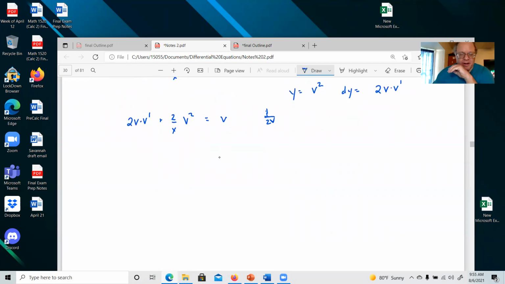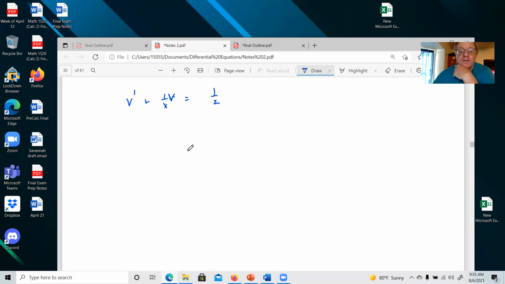So let's see what we have here. We have v tick plus, well, the 2's cancel, so we just have 1 over x now. The v cancels with the v squared, so we just have a v here, and it is equal to 1/2 on the other side. Perfect. First order linear.